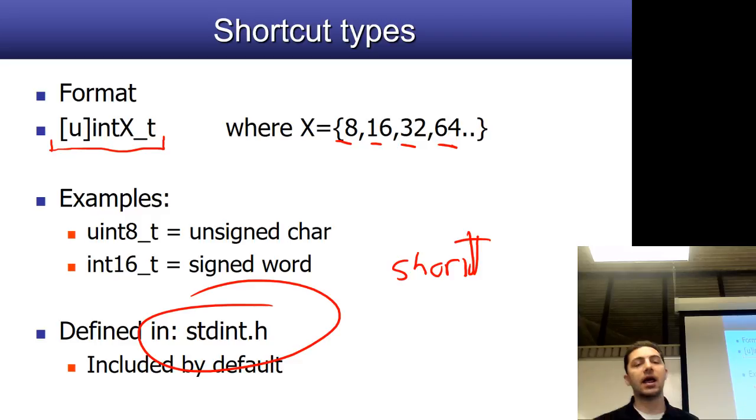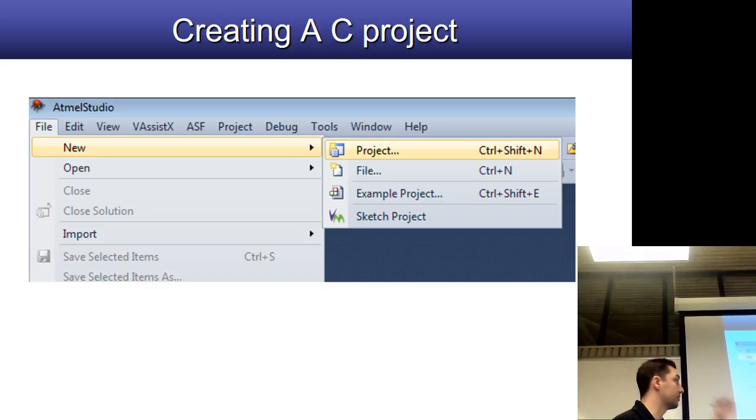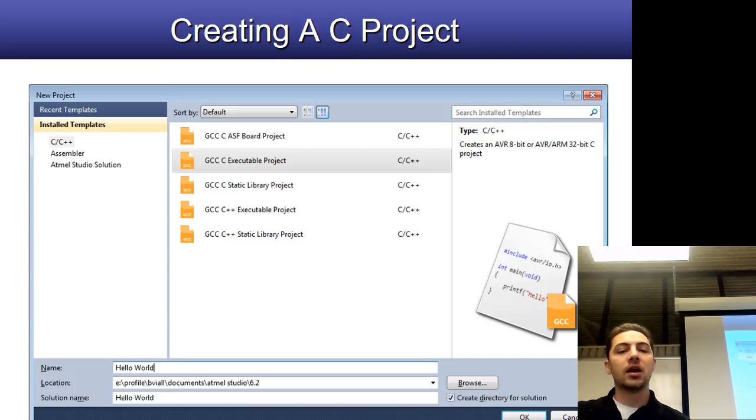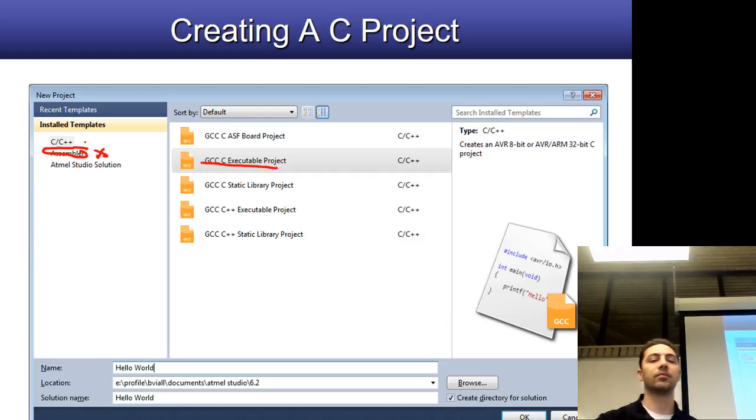All right. Now, to actually create a C project, there's a couple of images here just to help you through. I think this is actually still Atmel 6, but the process is just about the same. New project. And before, you used to have to click on assembler. You don't do that anymore. Now you click on C, C++, and you want to select a GCC. GCC is the name of the compiler.